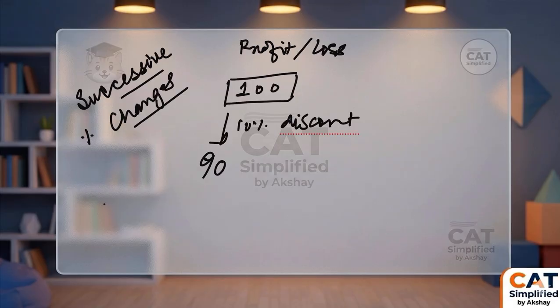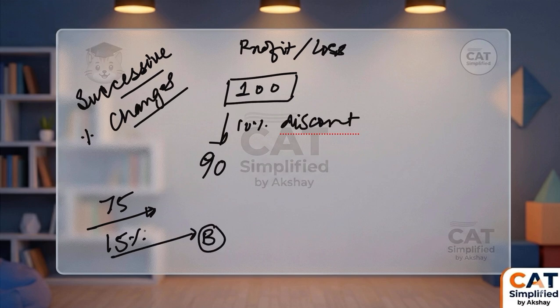But let's say the original price was 75 and I ask you that I'm going to give you 15% discount. Slightly complicated, right? Not everyone can do these calculations in their minds. But if we have to solve it, what will we do? It is still the same. What we learned just now was we need to calculate the final price. Let's say it is B. What was the original price?